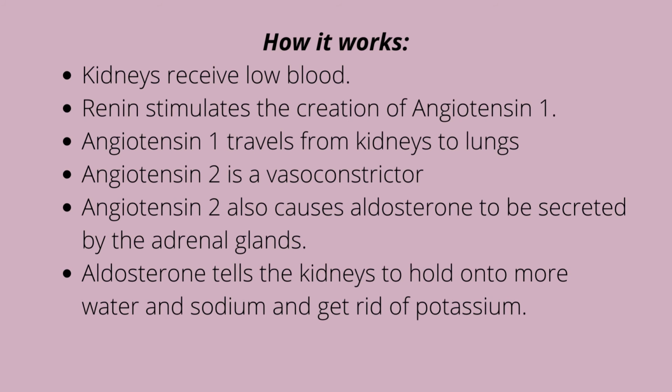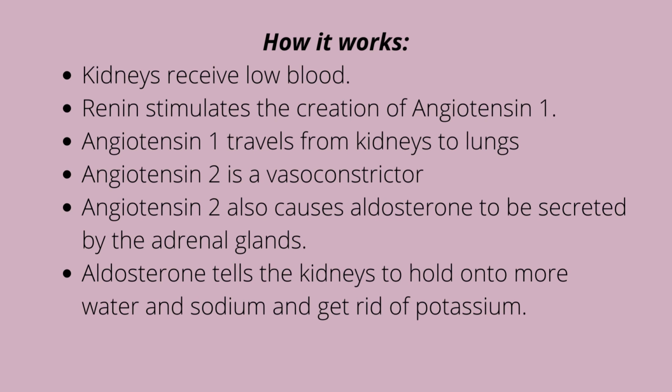So when renin is excreted by the kidneys, it stimulates the creation of angiotensin 1. And angiotensin 1 travels from the kidneys to the lungs, and it's converted into angiotensin 2.